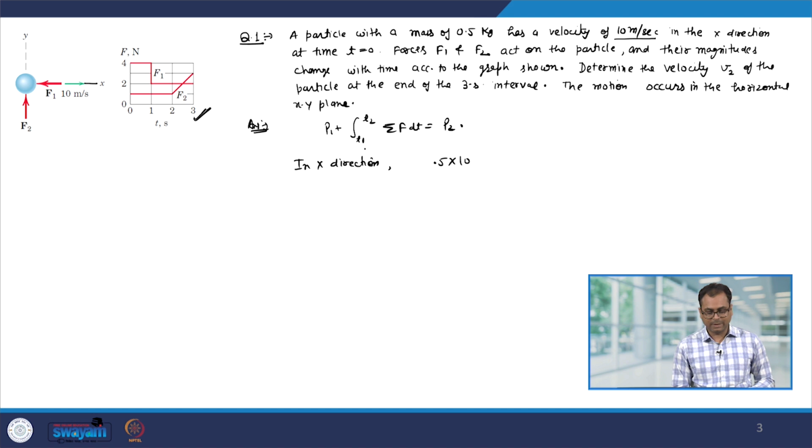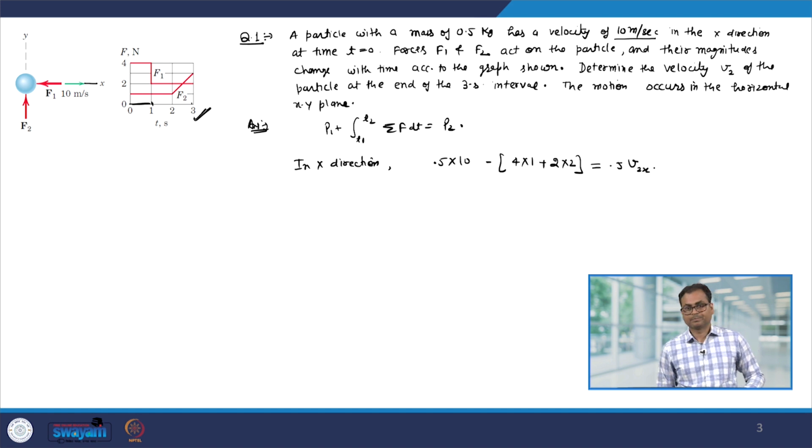Now, F is acting in the minus x direction. So, minus the force from 0 to 1 second, which is 4 Newton, so 4 into 1, plus from 1 to 3 second, that is for 2 seconds, the force is 2, equal to p2. p2 is m times v2. So, from here I can find out v2x. It comes out to be minus 6 meter per second.